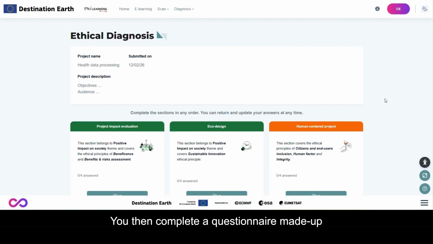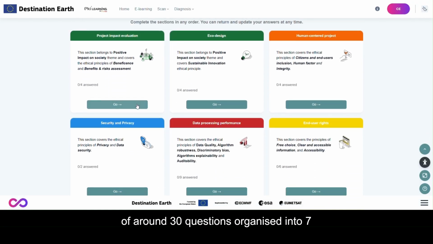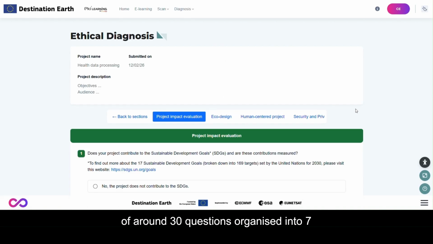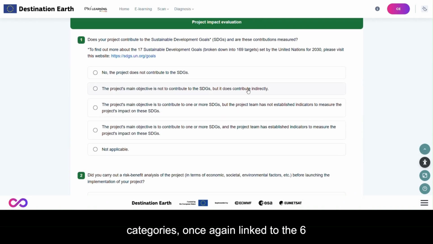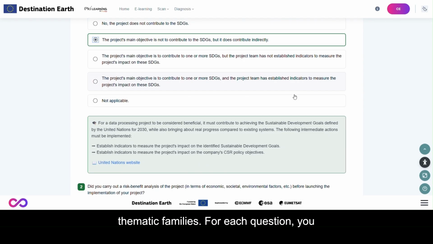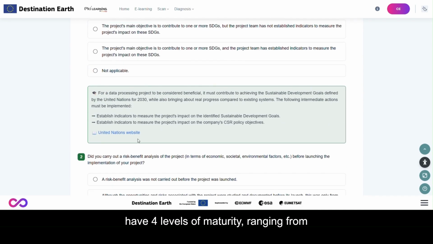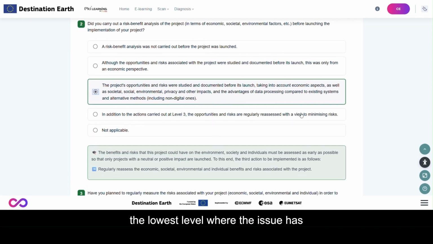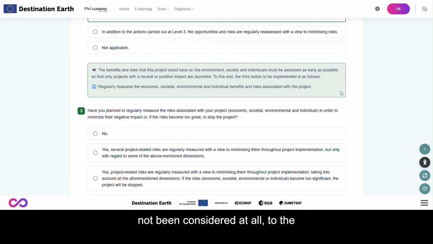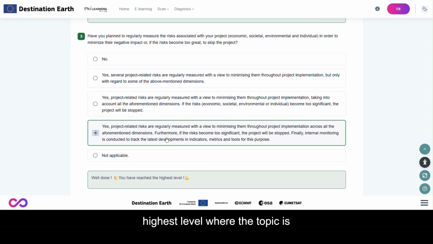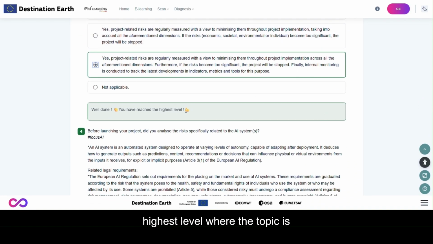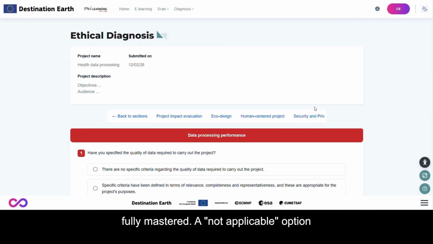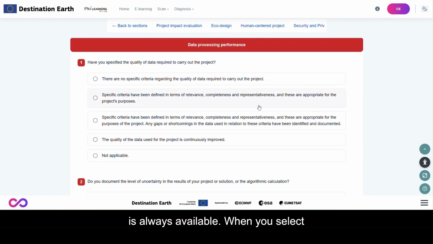You then complete a questionnaire made up of around 30 questions organized into 7 categories, once again linked to the 6 thematic families. For each question, you have 4 levels of maturity ranging from the lowest level, where the issue has not been considered at all, to the highest level, where the topic is fully mastered. A not applicable option is always available.